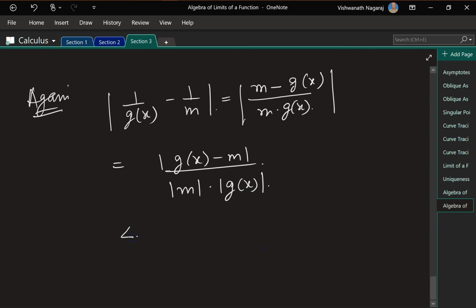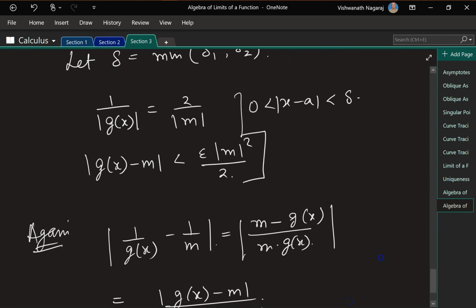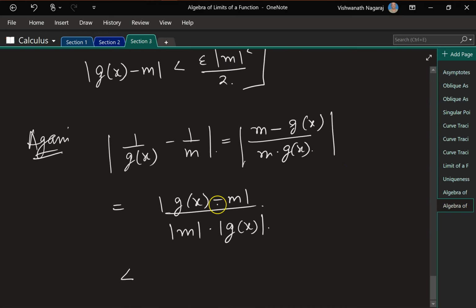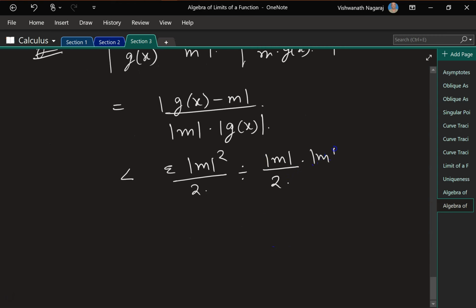Now this is going to be less than what? g of x minus m is less than this, right? So this is less than epsilon magnitude of m square by 2, divided by magnitude of m by 2 times magnitude of m, which is already there. Now this can be written as epsilon m square by 2 times 2 by magnitude of m square. So these two get cancelled, these two get cancelled.